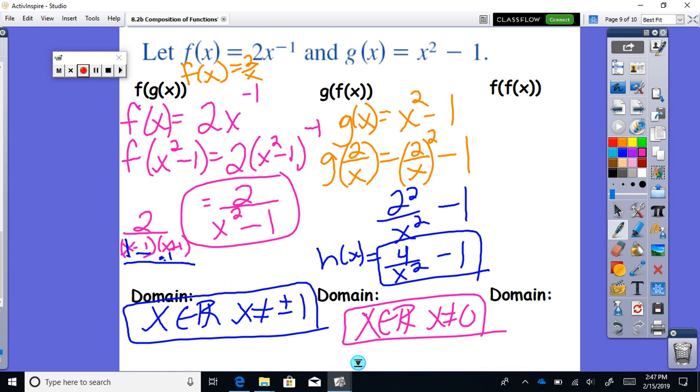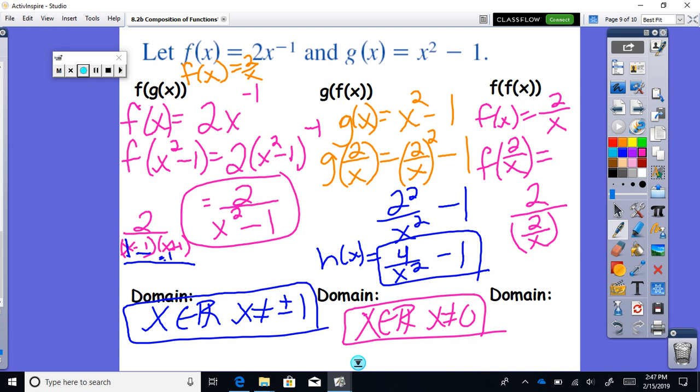All right, f composed with itself. So this time you have f of x is 2 over x. You have f, and you're plugging in 2 over x into that. You're going to end up with a fraction over a fraction. So this was the x. And remember, to deal with that, you actually multiply by its reciprocal.